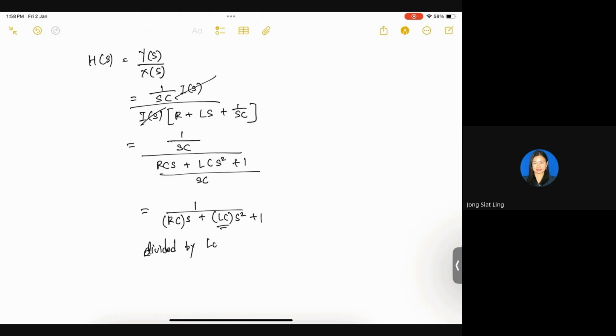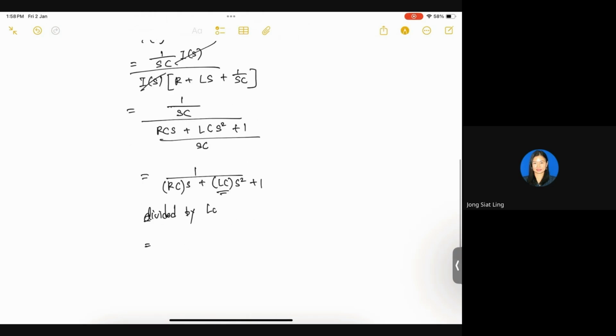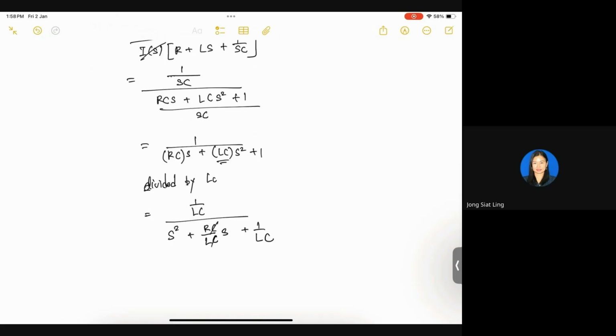So what will you get? 1 over LC divided by s square plus RC over LC s plus 1 over LC. So this one cancels, just have R over L s.